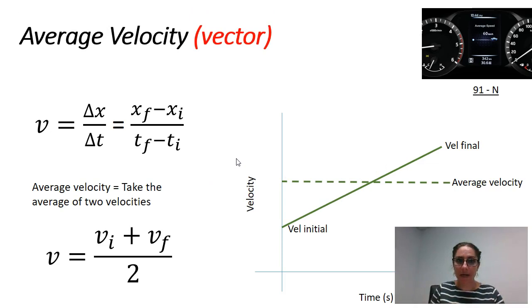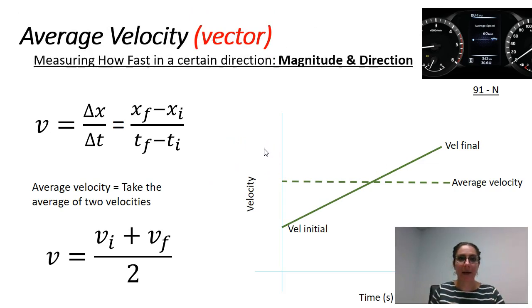Average velocity, again we're looking at an average, is going to be a vector quantity because we're going to use signs or direction depending on the context of your question. Notice the displacement, which is the difference between final and initial, over the change in time, so final minus initial time.